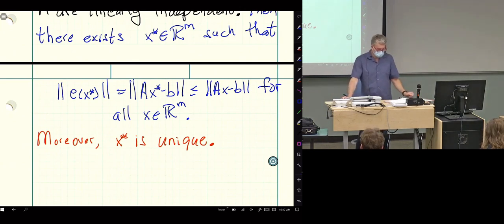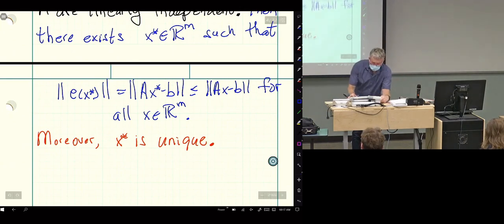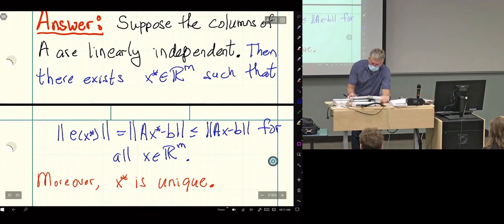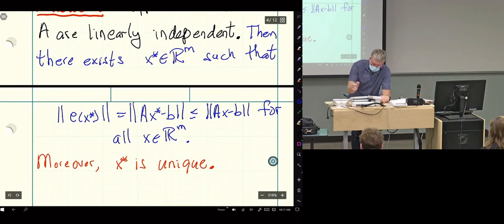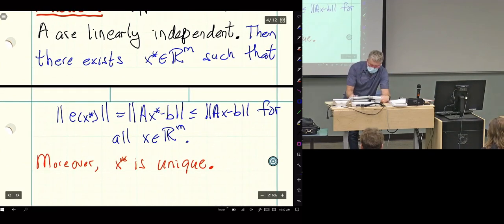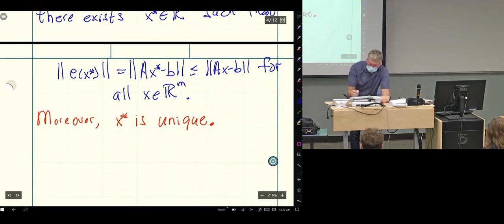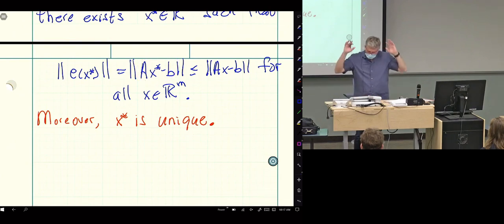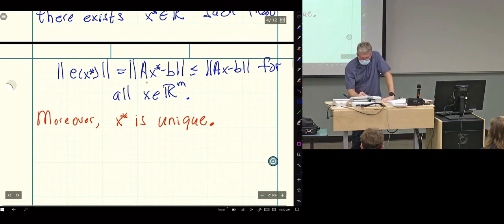So that's cool. Okay, columns of A linearly independent. There does exist a vector in R^m that minimizes the error in the equation. So there is no exact solution, but I can minimize that error, and I can find a unique vector such that that error is less than or equal to the error for any other vector x in R^m.